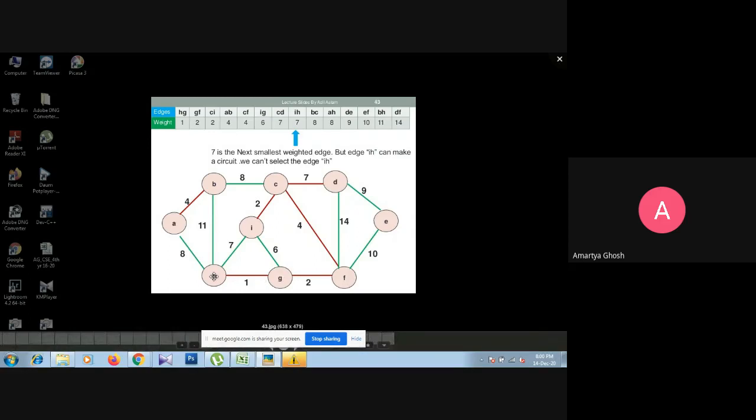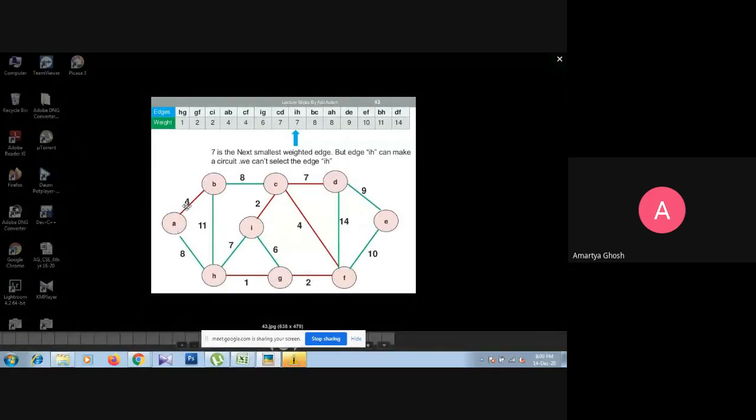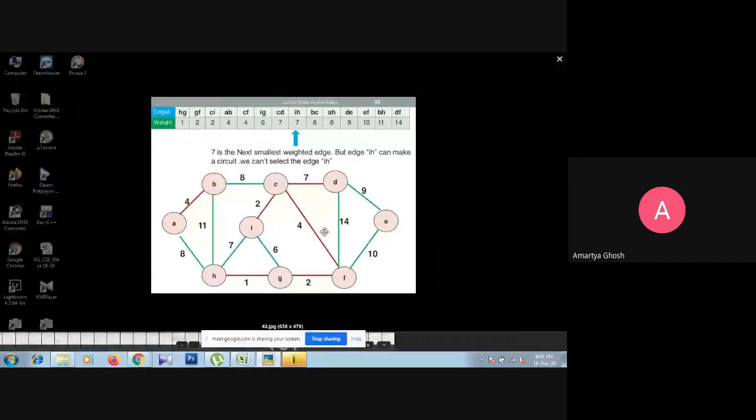All these nodes are already connected: A, G, F, C, I, C, D. Now AB is another graph within this figure that is not connected with the second part. So that can be connected either with BC or AH. We have to choose any one of them, and both weights are minimum.